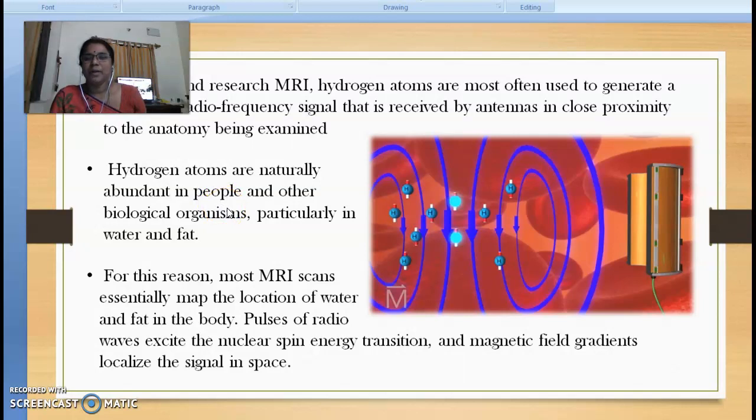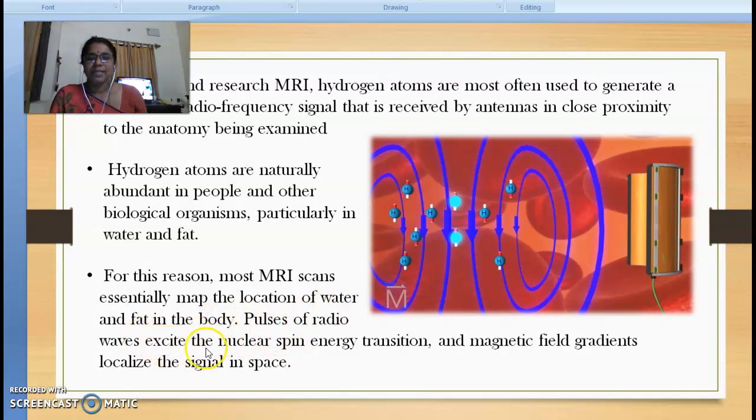Most of our body consists of water, in which hydrogen atoms are present, so that's why these hydrogen atoms are shown like this. Hydrogen atoms are naturally abundant in people and other biological organisms, particularly in water and fat. For this reason, most MRI scans essentially map the location of water and fat in the body.